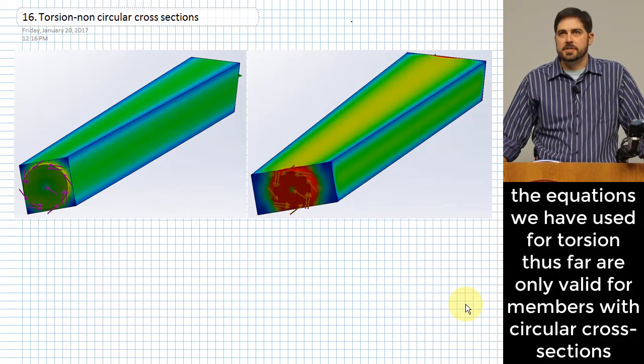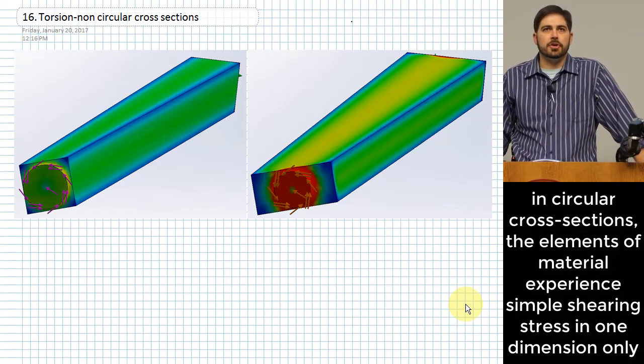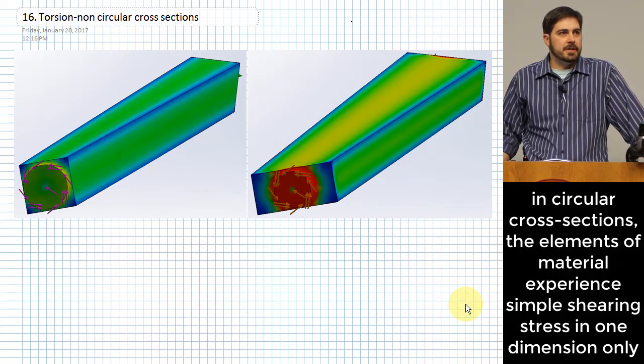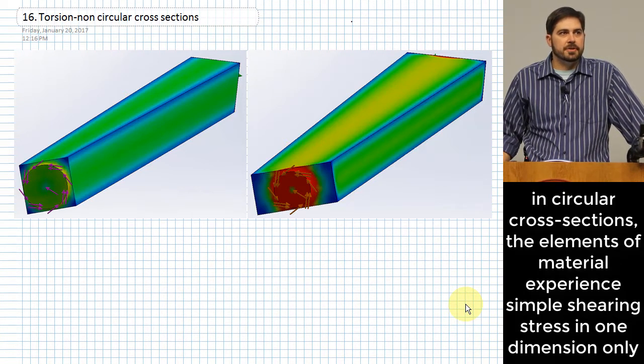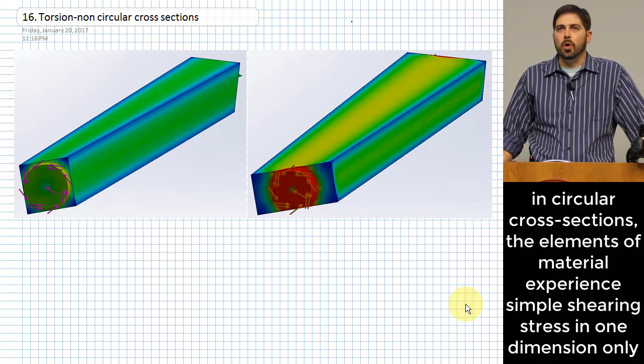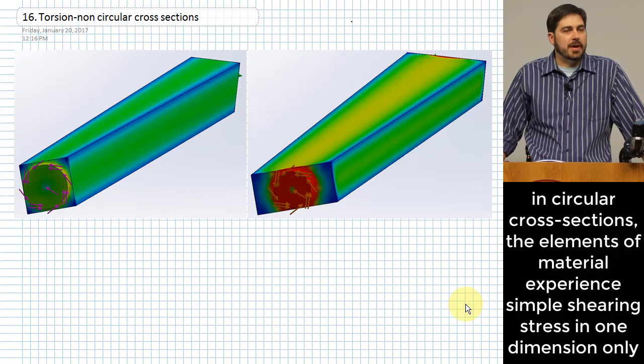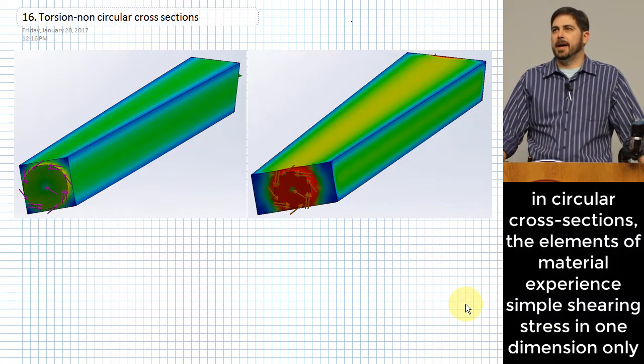The main reason is that with circular cross sections, the little elements of material undergo what is essentially a plane shear in one dimension. That's what allowed us to use that technique and all of that math.